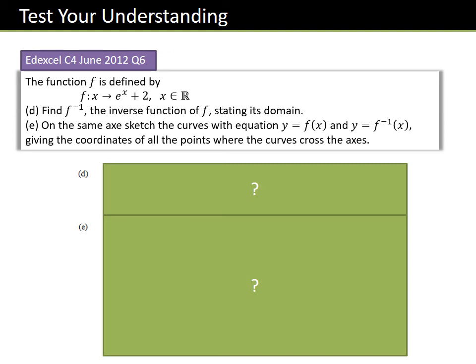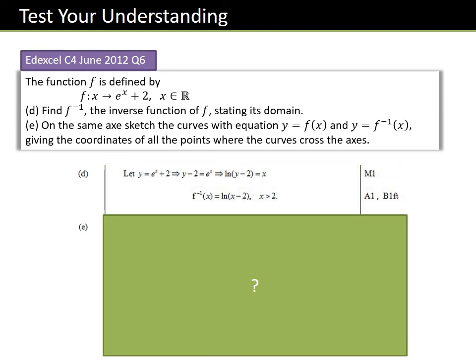So to find my inverse, I'm going to set my y equal to e to the x plus 2. I'm going to rearrange: y minus 2 is e to the x, and then that gives me ln of y minus 2 is x. My rearrangement gets me a mark.